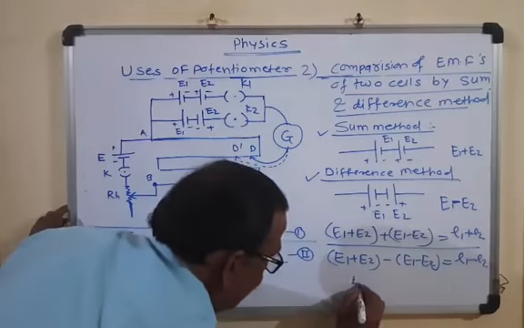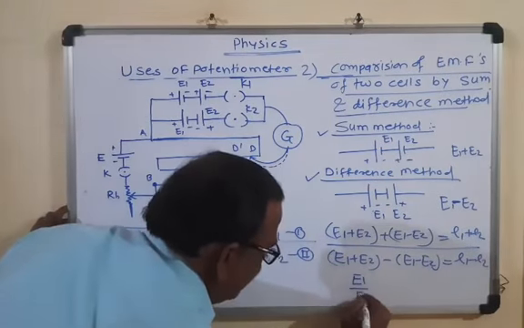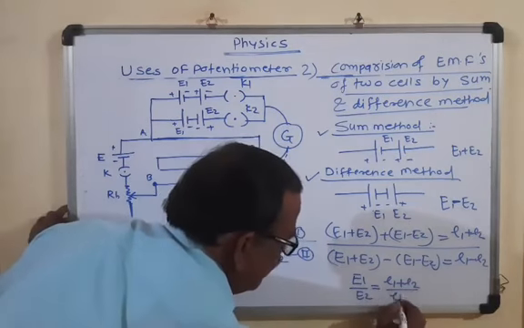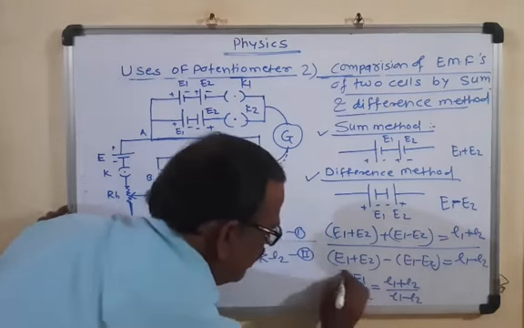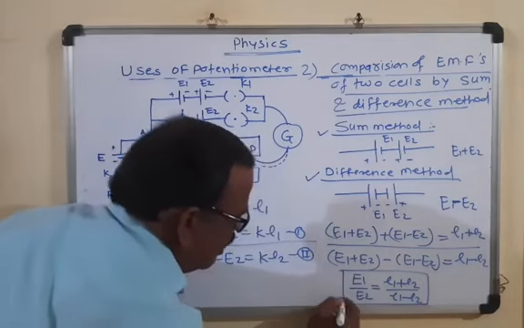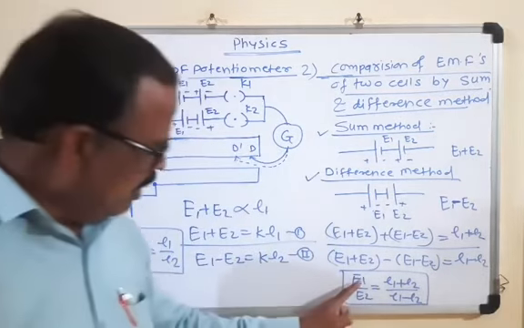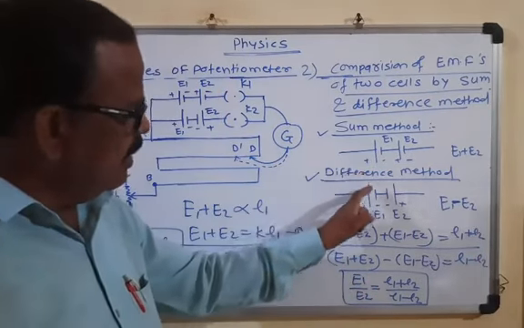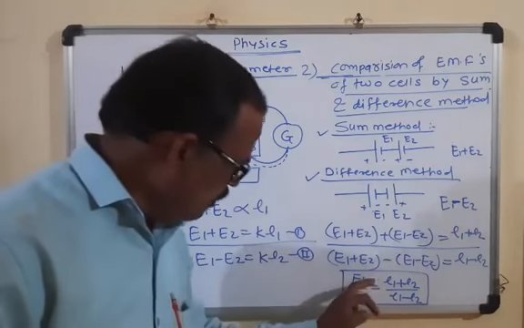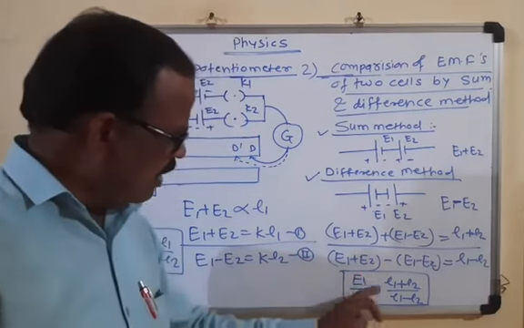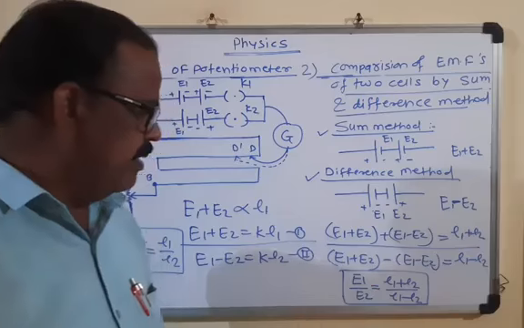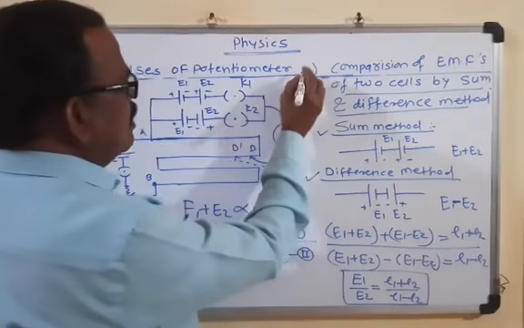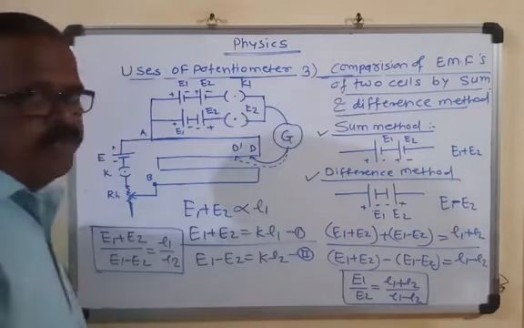Therefore, E1 divided by E2 is equal to L1 plus L2 divided by L1 minus L2. With the help of this formula, we can also determine or compare the electromotive forces of two cells by the sum and difference method. Here, if one electromotive force is known, the other can be determined. Next, we have to explain the third use of potentiometer.